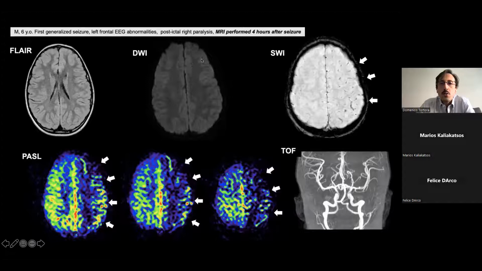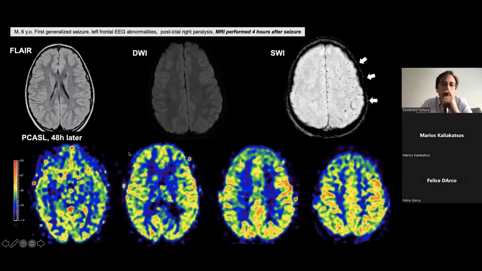SWI shows an increased representation of veins on the left side, indicating the deoxygenation of this region. No abnormalities on MR angiography, probably a lower representation of blood flow in the distal branches of the left middle cerebral artery, but the brain perfusion revealed this global hypoperfusion of the left side, of the left hemisphere.